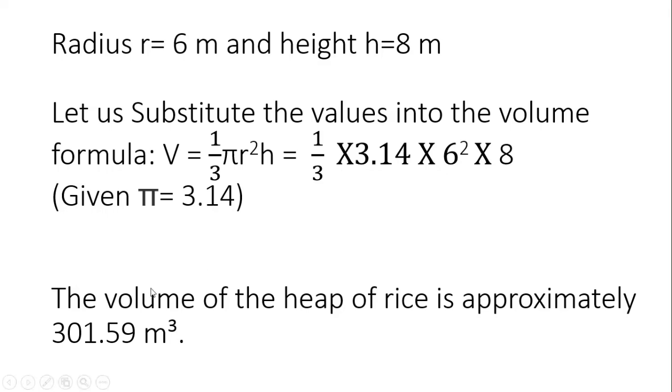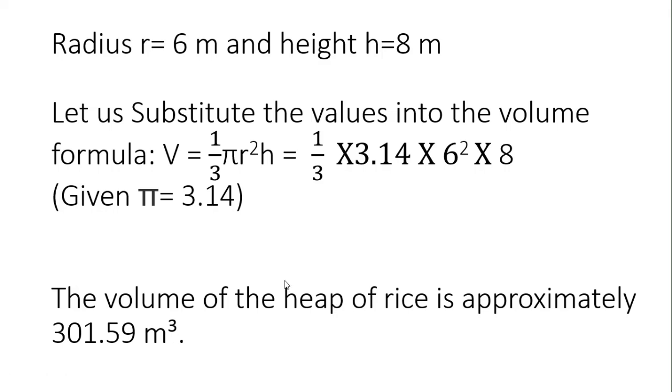Now when we simplify all those things, the volume of the heap of rice, which is in the form of a conical shape, is approximately equal to 301.59 cubic meters. This is the volume of the heap of rice which is in the form of a cone.